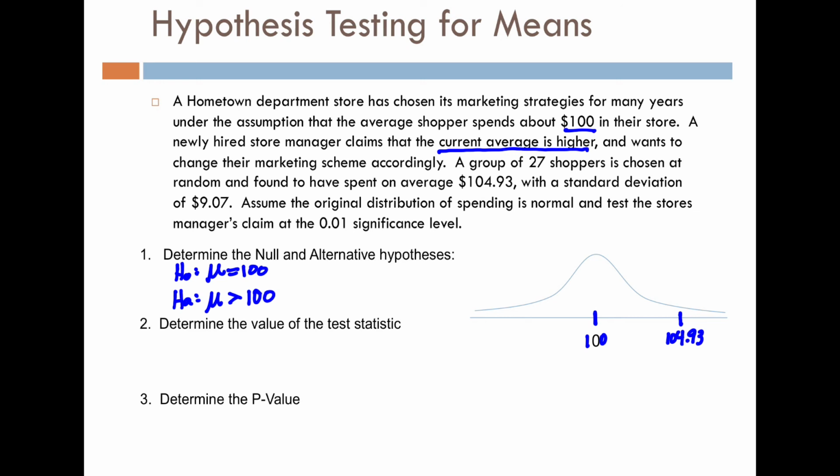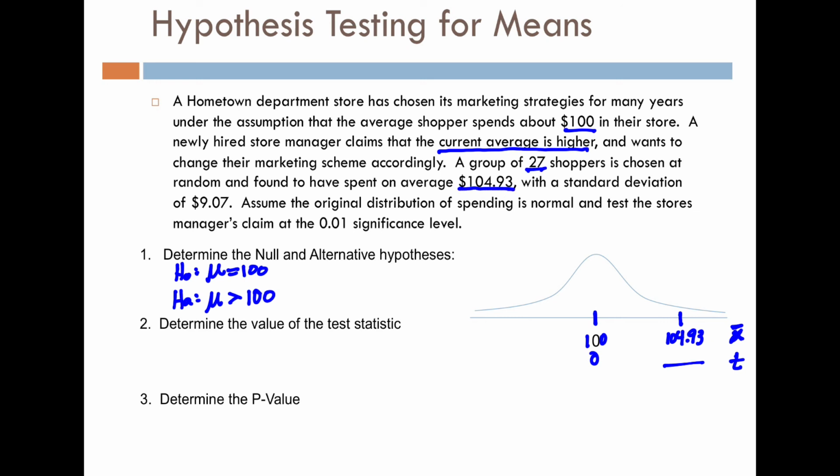Let's figure out how far to the right we really are. This is the distribution of my samples of size 27. So these numbers represent my X bars, and underneath that, we're going to put our t-values, 0 at the center. What we need to find is here. Now, 27 is my sample size.